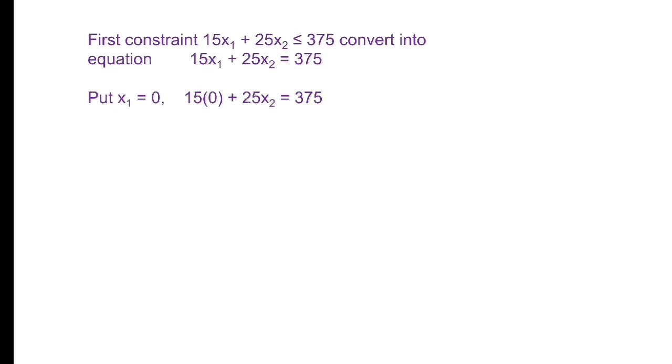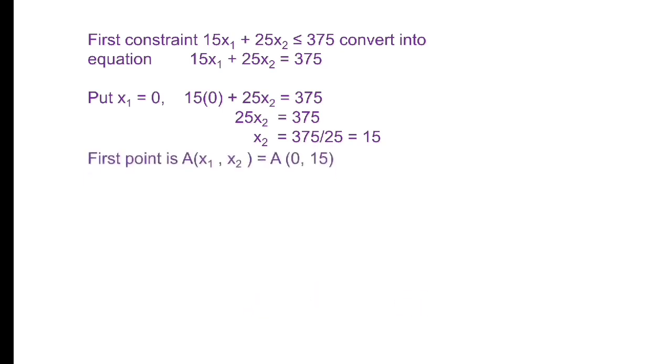That is the two ways we have to find. So first x1 equal to 0: 15 into 0 plus 25 into x2 equal to 375. 0 into anything is 0, so 25x2 equal to 375. x2 equal to 375 divided by 25 gives 15. That is the first point, A of x1 comma x2, equal to A of 0 comma 15.